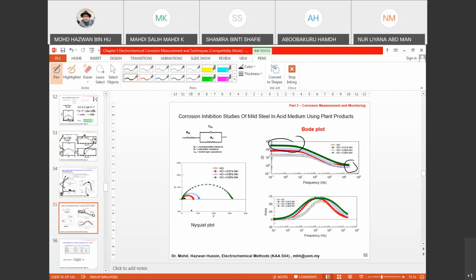So can someone tell me what you observe when you have the effect of inhibitors for EIS? This is recorded at different concentrations of inhibitors. So what can you see or observe from the Nyquist plot or from the Bode plot? Can someone tell me?